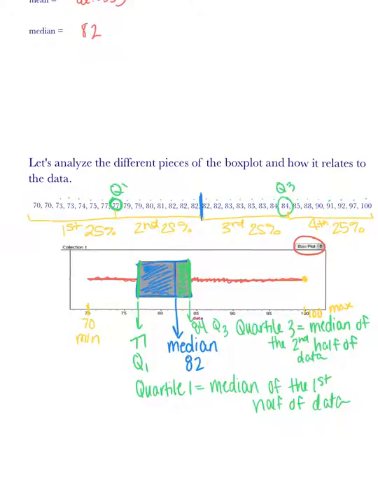It helps us see what the range within each quartile, within each chunk, is. So I can see the range from quartile 1, 77, to the median 82 is a larger range, a range of 5, than it is from the median of 82 to quartile 3. The range there is only 2. So that's why those boxes are bigger, even though they all represent roughly the same number of points, about 7 or 8 points in each.